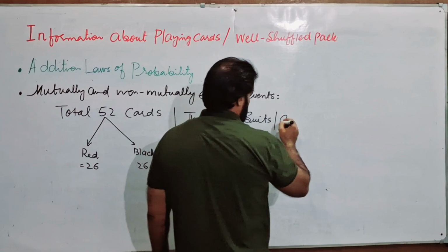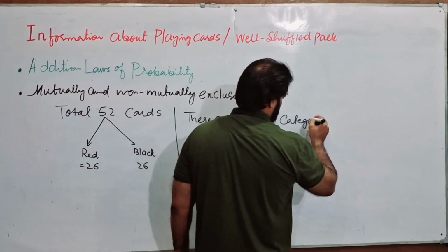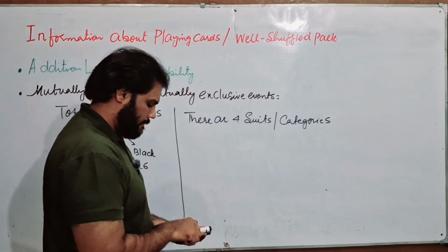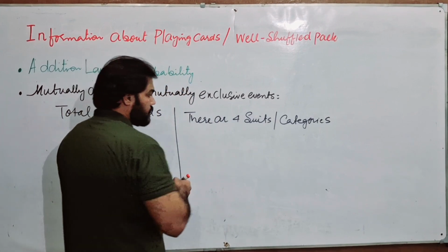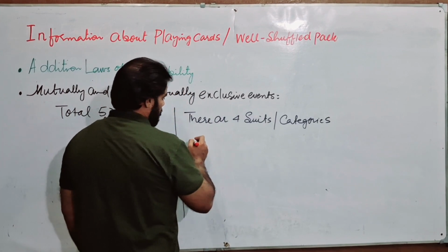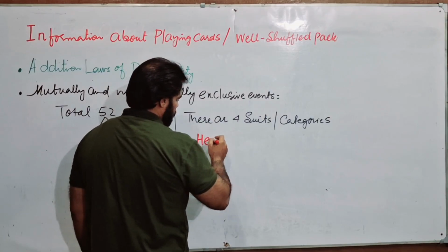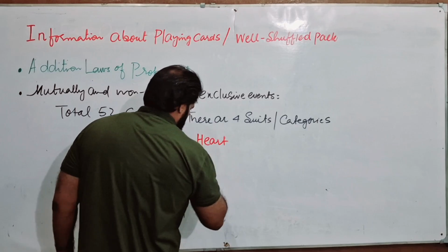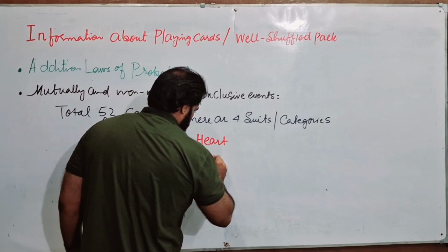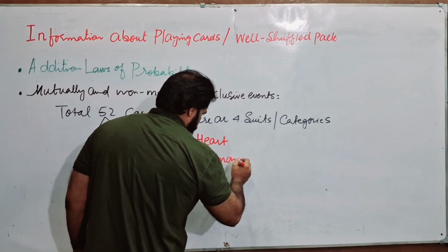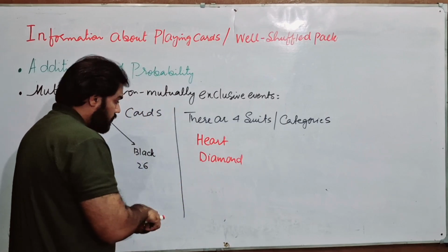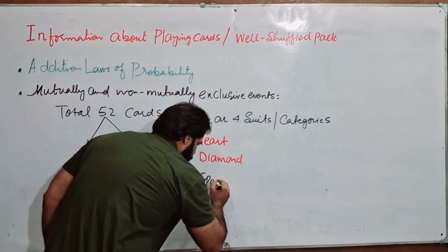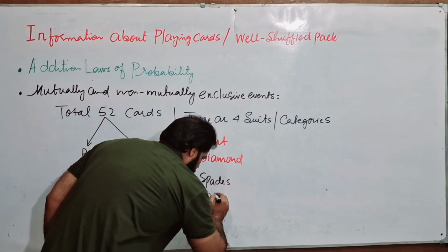These four suits or categories are named heart, diamond, spades, and club.